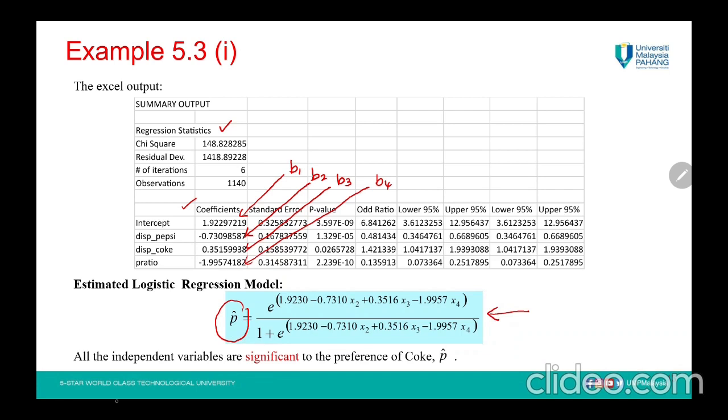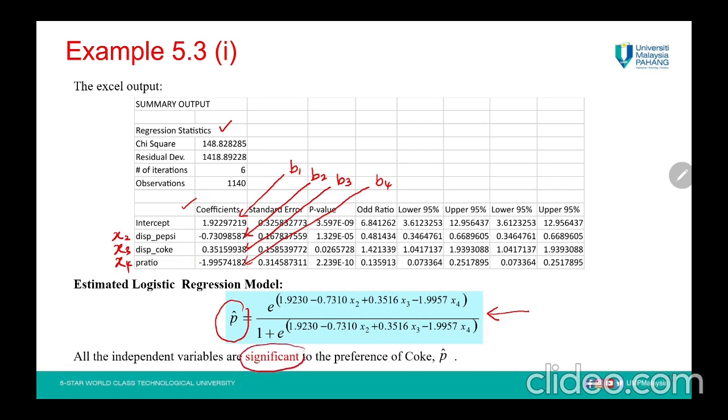We can see that all the independent variables here, X2, X3, X4, are significant to the preference of Coke.